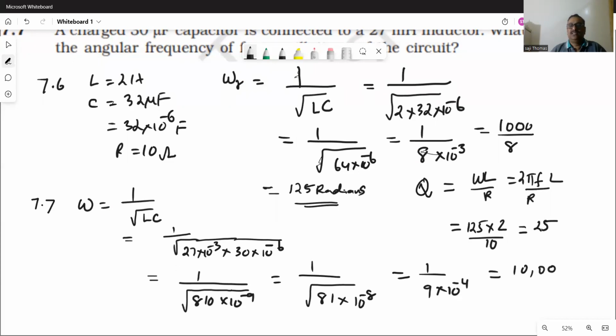Now 10,000 divided by 9. So that will be the answer, that much radians per second. Angular frequency unit is radians per second. So here you are getting 1.1. Okay. Then we will move to the next question.